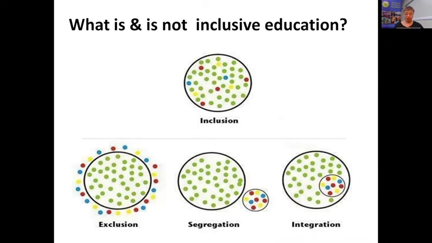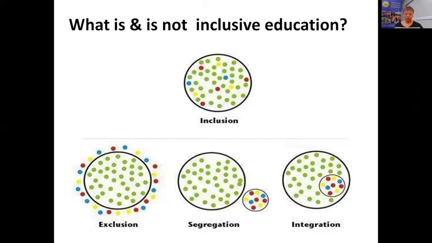The next image represents integration. What you will notice here is two circles. The big circle consists of many green dots, representing non-disabled pupils and students. The smaller inner circle in the larger circle consists of blue, green, and yellow dots, representing disabled pupils and students lumped together within mainstream education.